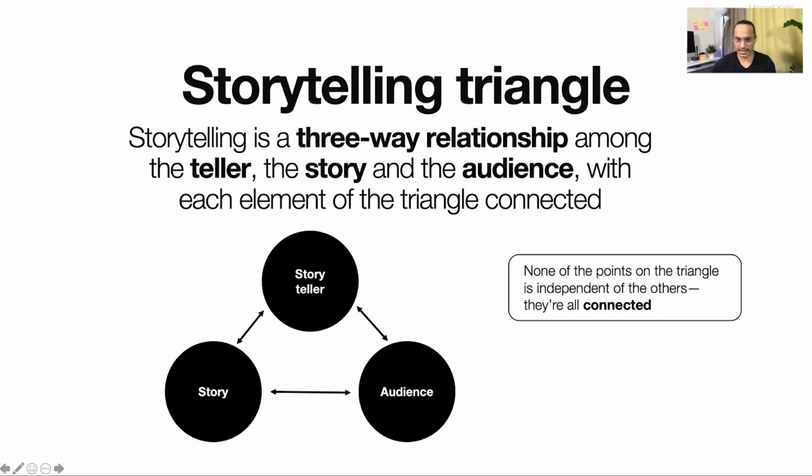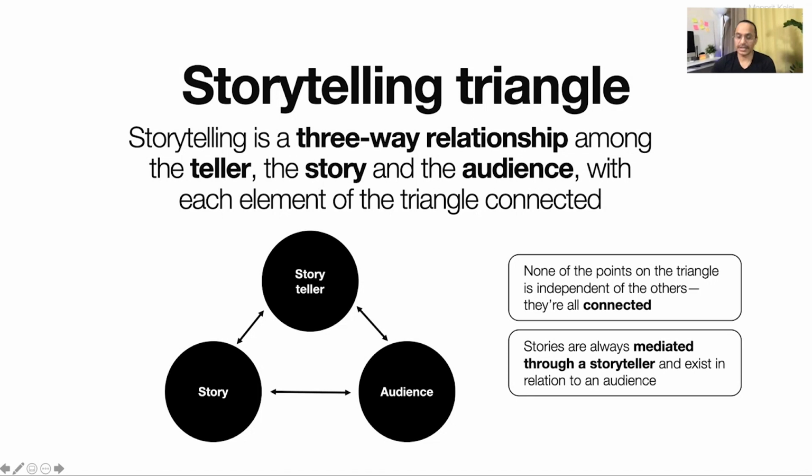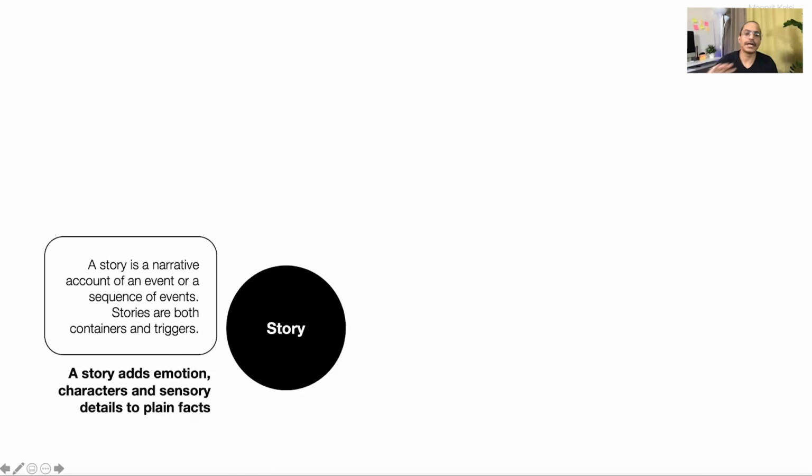They are all connected. Stories are always mediated through a storyteller and exist in relation to an audience. There's a storyteller, there's a story, and then the audience. When all three are present, the story happens, or the story is delivered.